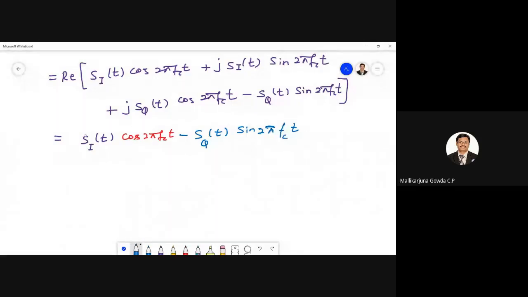This is one term. Then plus j of the remaining terms, that is s_I of t sine 2 pi fct plus s_Q of t into cos of 2 pi fct.